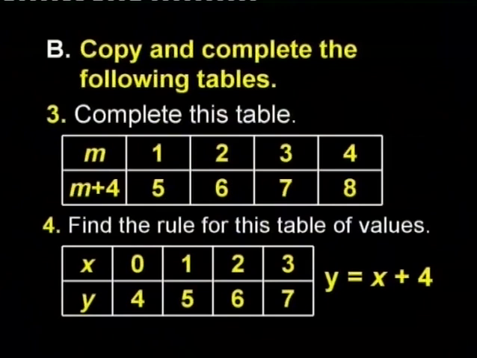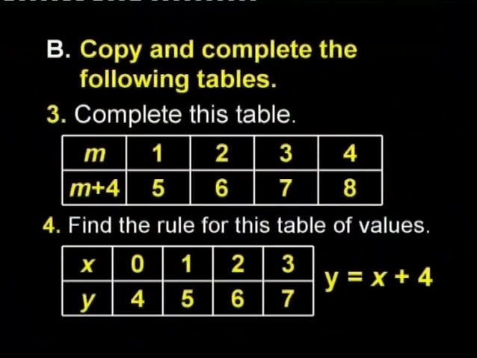And the second last one, you were given the x and y values. These are the x values, these are the y values. You are to find the rule. How did you get the value of 4? Simply the value of x plus 4. Let's see. 0 plus 4 will give you 4.